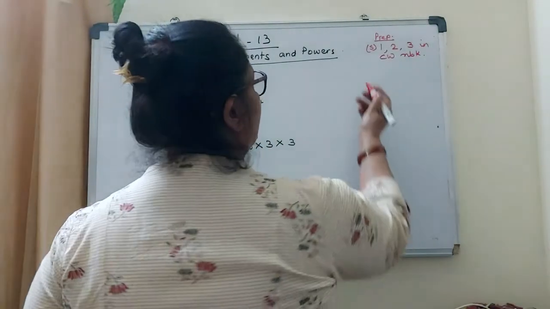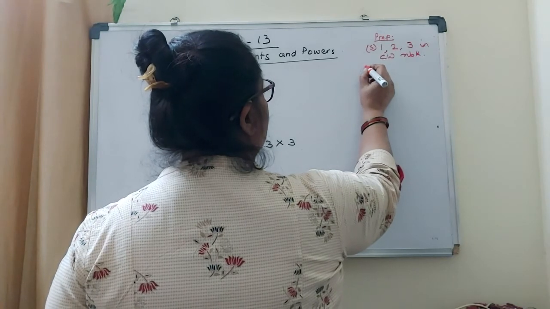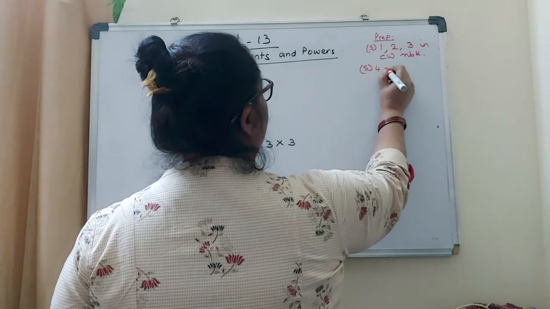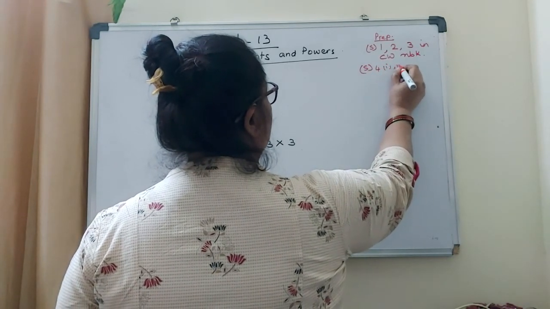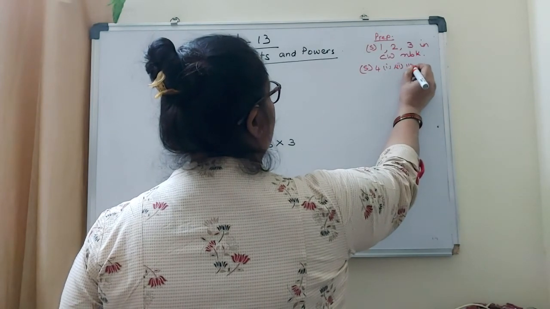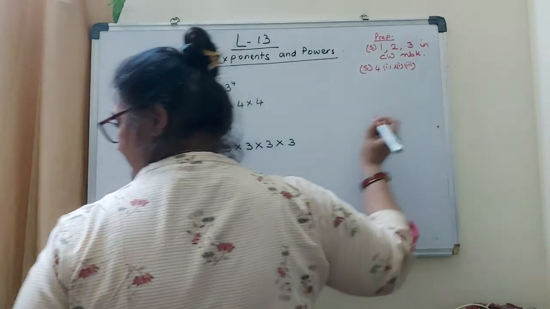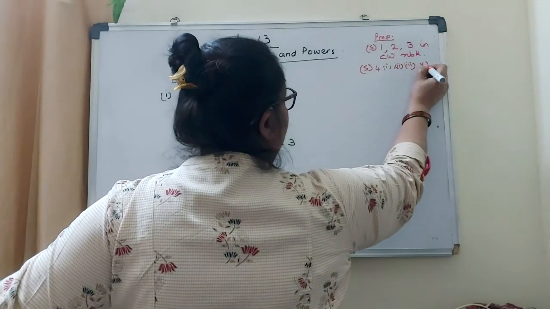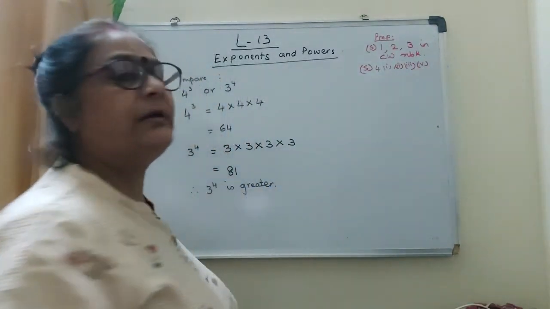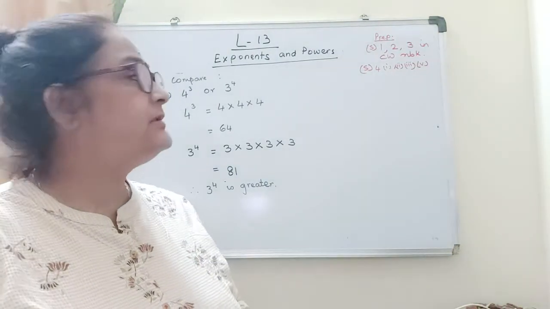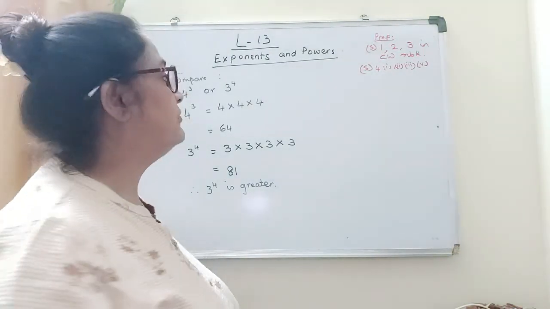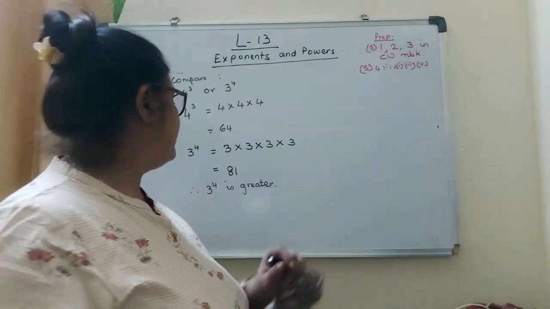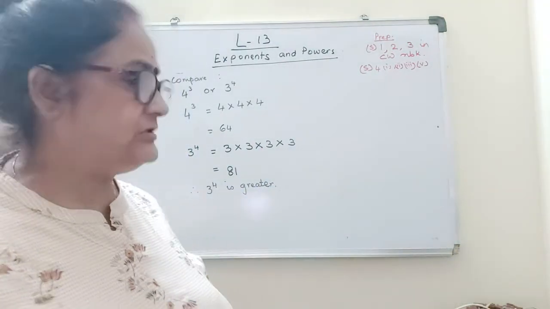You can do it in your homework book only. Sum number 4, part 1, 2, 3 and 5. We are not doing number 4. That I'll explain tomorrow when I'm giving you the answers. So that much for your prep today.